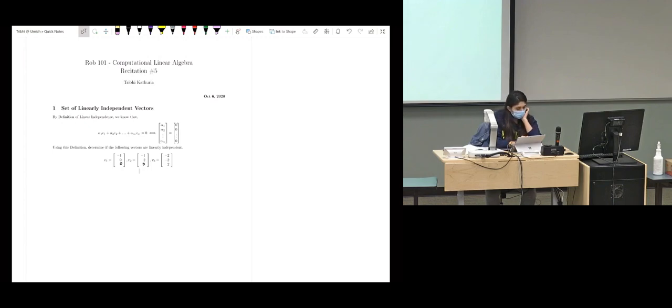A set of linearly independent vectors. From previous recitations and in lectures, we've talked about this enough, so I'm just going to use the concise definition of linear independence.